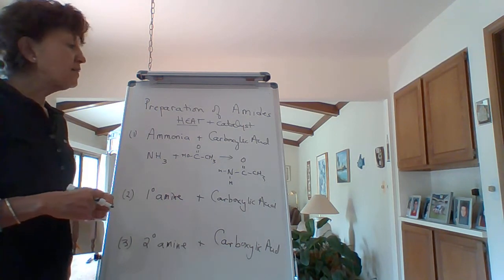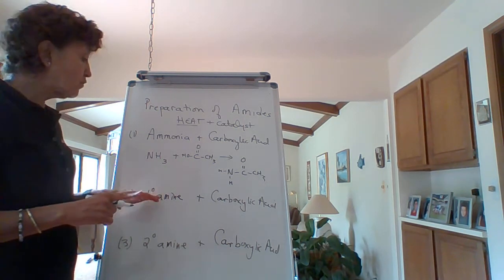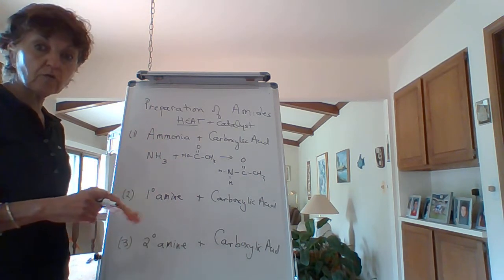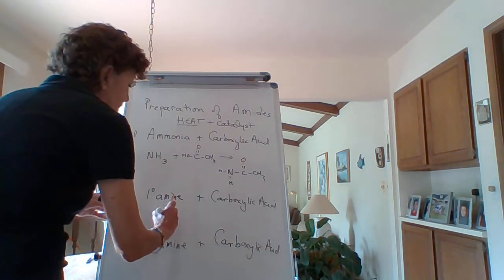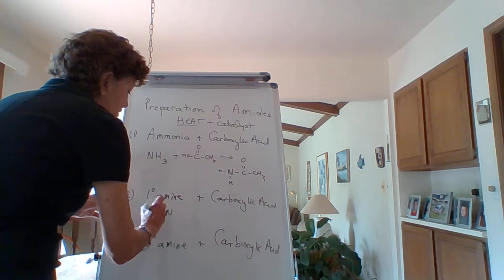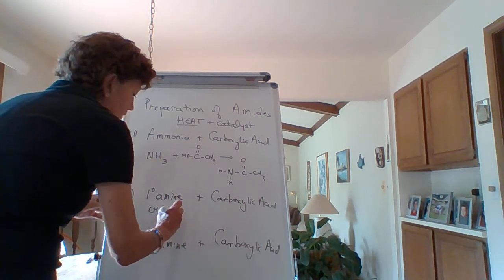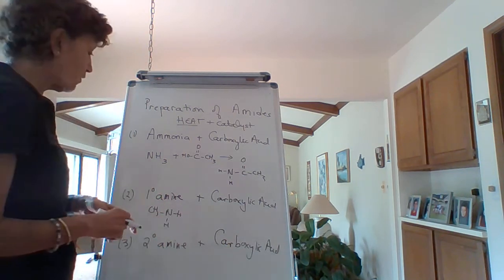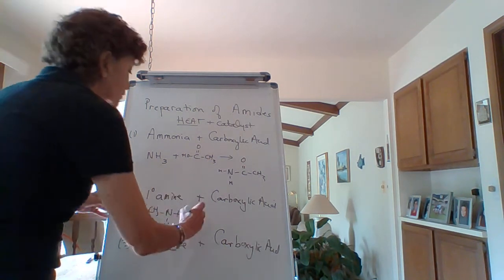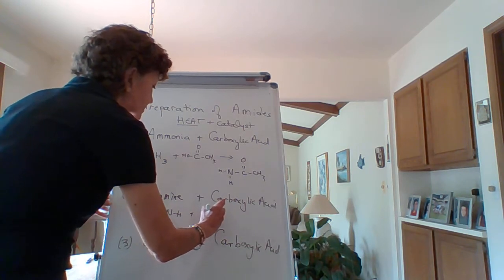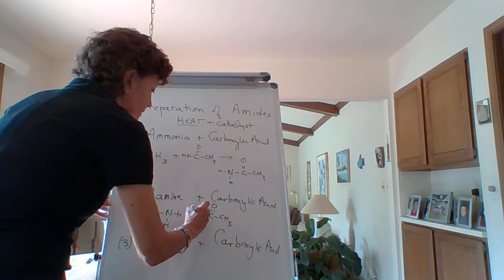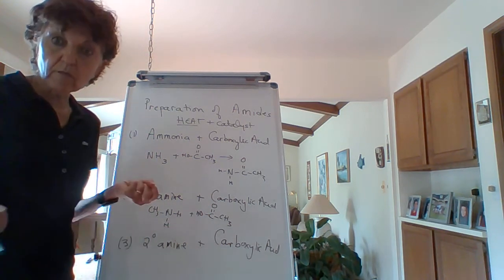If you want to make a secondary amide, you start off with a primary amine. You don't start off with ammonia, you start off with a primary amine. So let's say I've got this primary amine here. So it's methanamine, or methylamine. And you can have a different carboxylic acid or the same one. Again, we're going to remove a molecule of water.